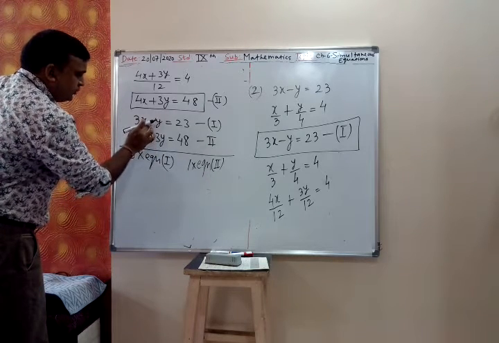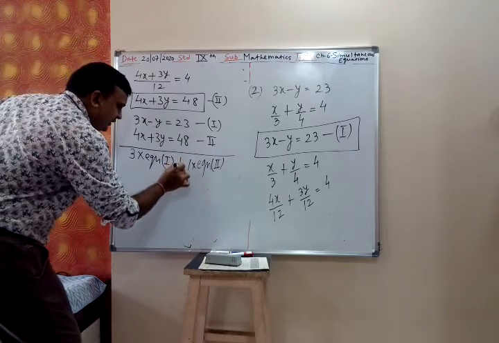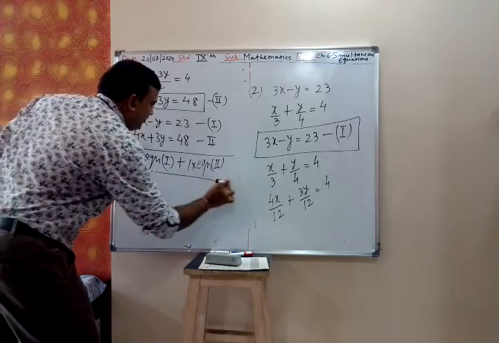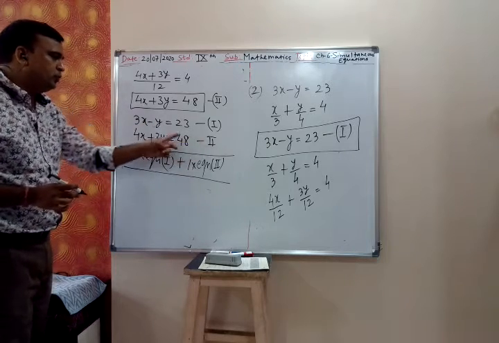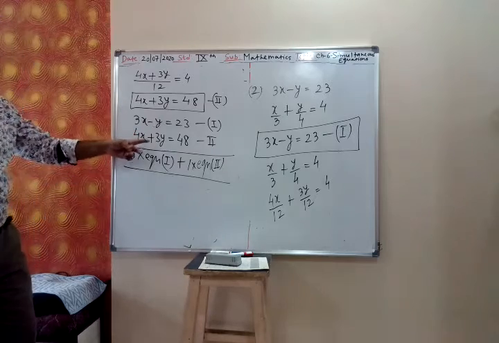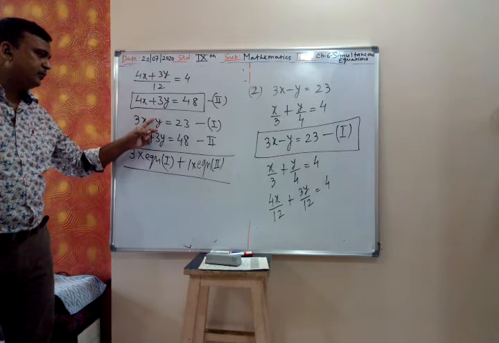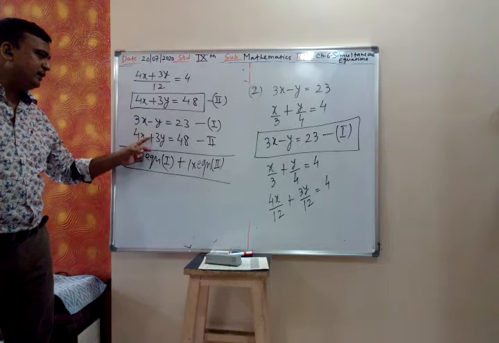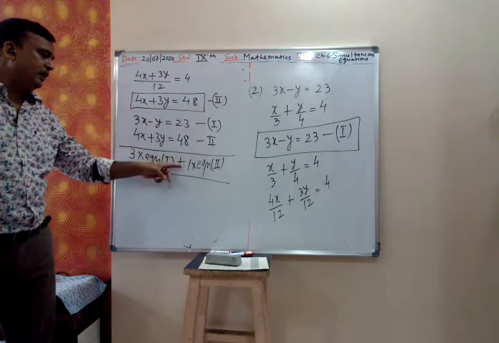So they have opposite sign. So what will I do? I will multiply equation 1 by 3 and equation 2 by 1 and add them, because it is 1y, and since they have opposite sign, minus plus, I will add. Opposite sign you have to add.